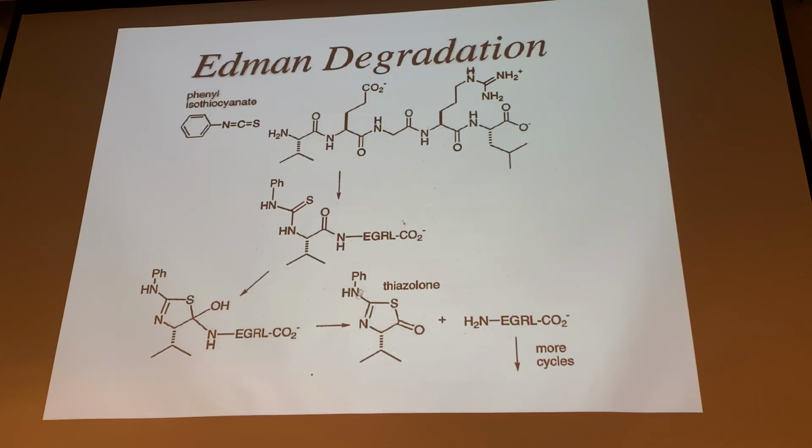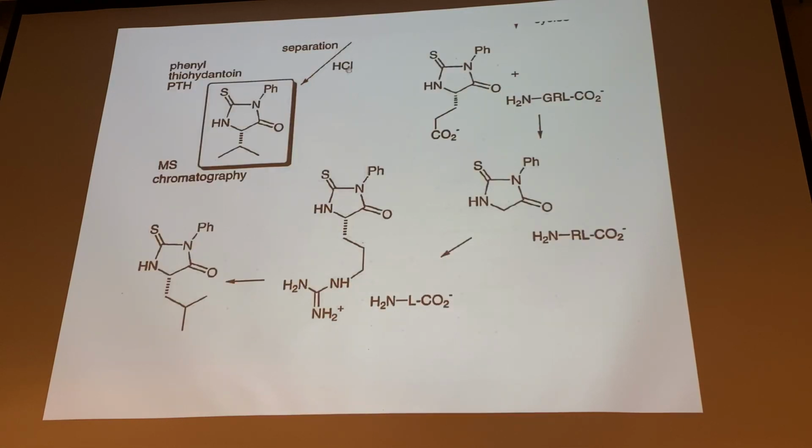You'll see more there. But we can take then EGRL and do more cycles here. That has a new N-terminus. So within the Edman degradation, we can actually automate this and add in phenyl isothiocyanate for a given amount of time to bring off one of these thiazolones, which rearranges, by the way, to the hydantoin, which is right here.